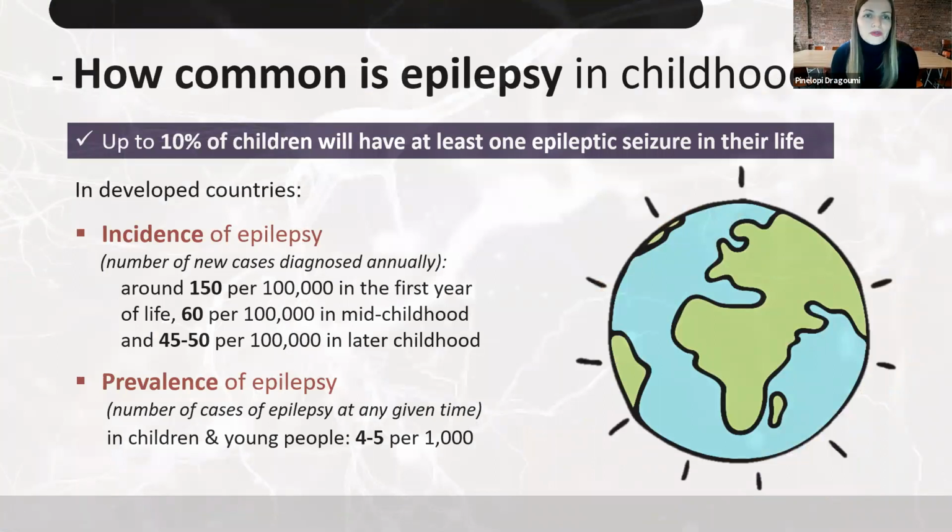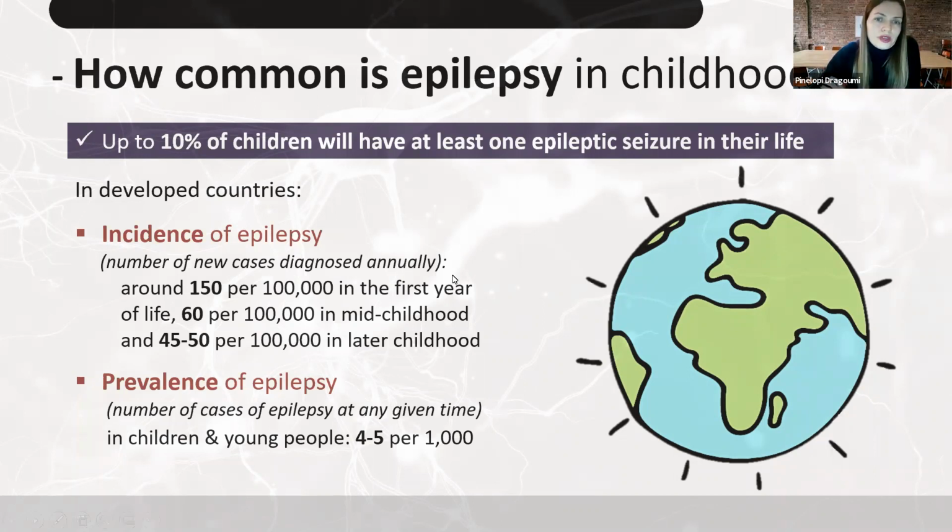Up to 10% of children will have a seizure, and pediatricians are quite familiar with dealing with children who have seizures, such as febrile seizures, for instance. But only a few children will be diagnosed with epilepsy compared to this big percentage. But of course, this percentage is higher than in other age groups.